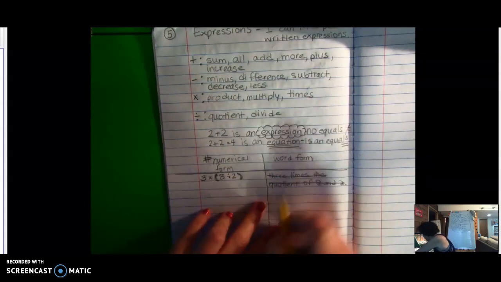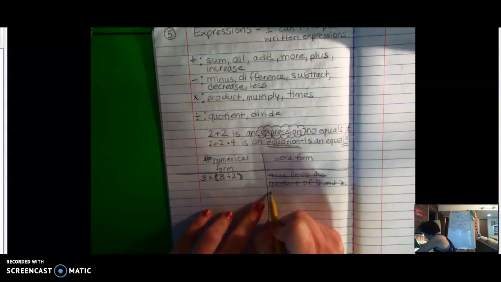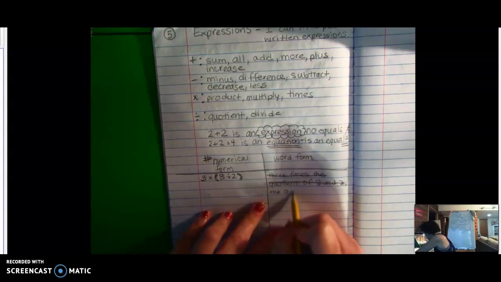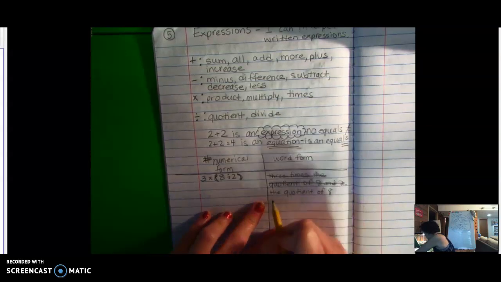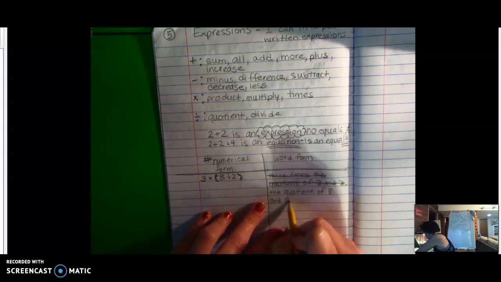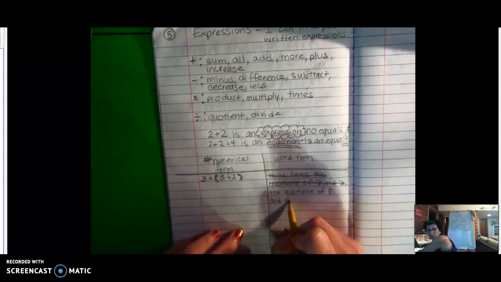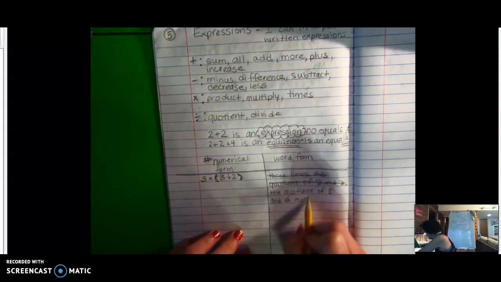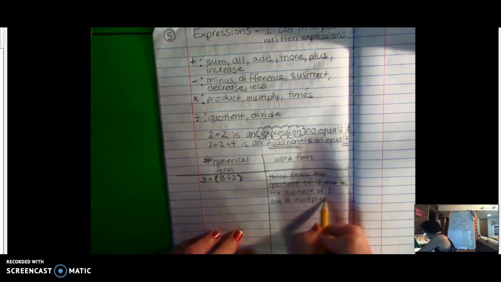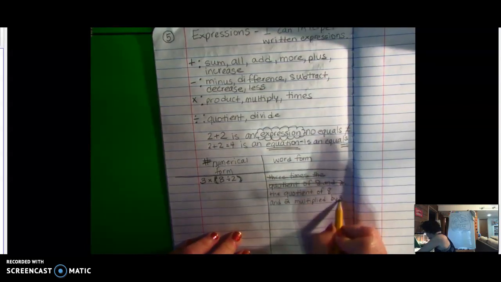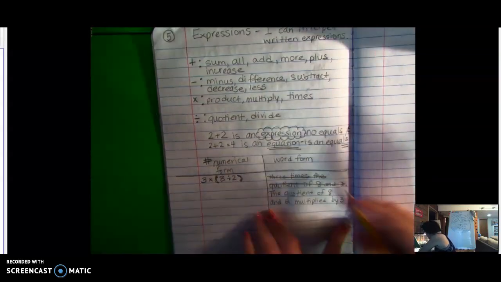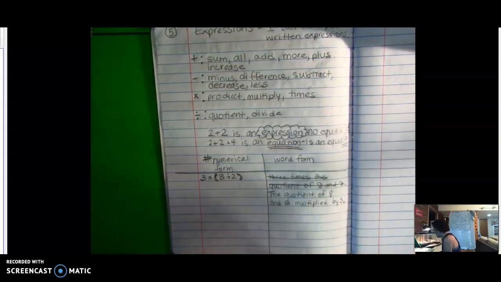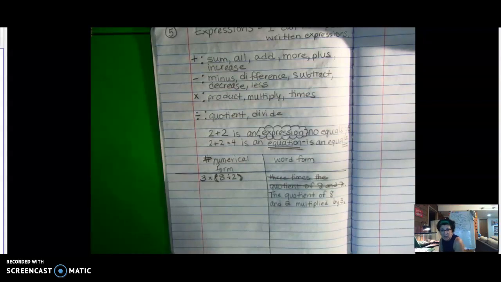So I'm going to say the quotient of 8 and 2 multiplied by 3. This is an expression, which means it is a number sentence. I'm going to do a capital and a period. So because of the parentheses, you have to take that into account.